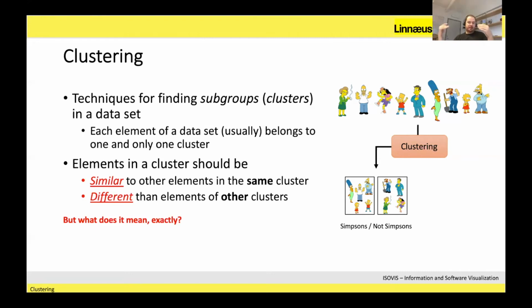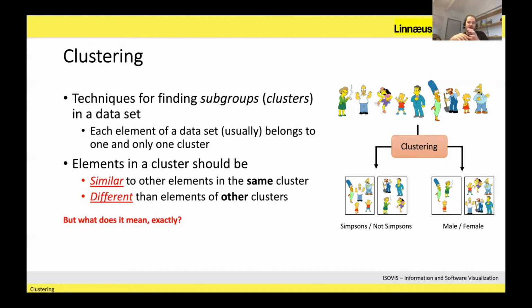That sounds like a perfectly fine way to separate these characters into two groups, and I defined that I want two groups, just so we can play with this idea. But it also could be separated into male and female. That would also be a very fine, standard way of separating these characters, no problem with that.